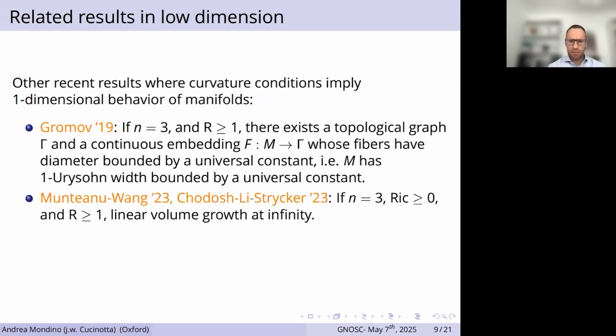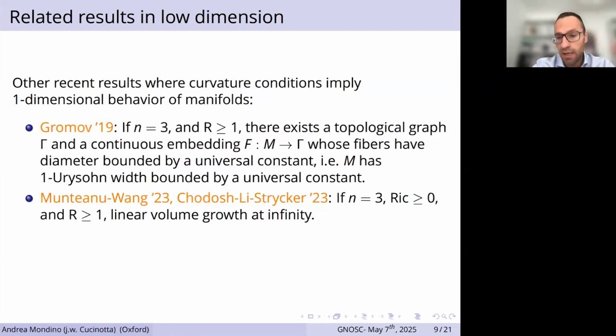Some other results are by Munteanu and Wang, and Chodosh and Li and Stryker, who gave a different proof of this previous result. Munteanu and Wang proved that if n is equal to 3, so if you have a three-dimensional manifold with non-negative Ricci and scalar curvature bigger or equal than 1, then one has linear volume growth at infinity. This confirms the previous conjecture by Gromov in dimension 3 that I mentioned in the beginning of the talk.